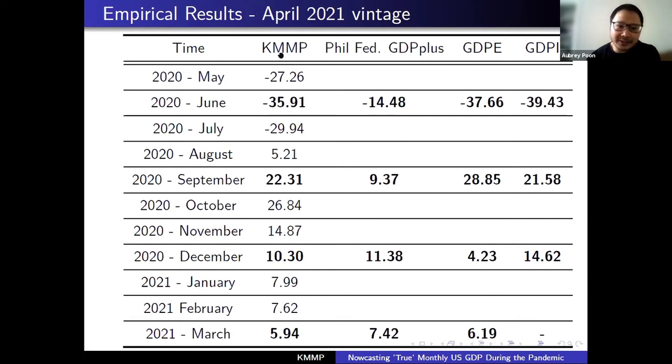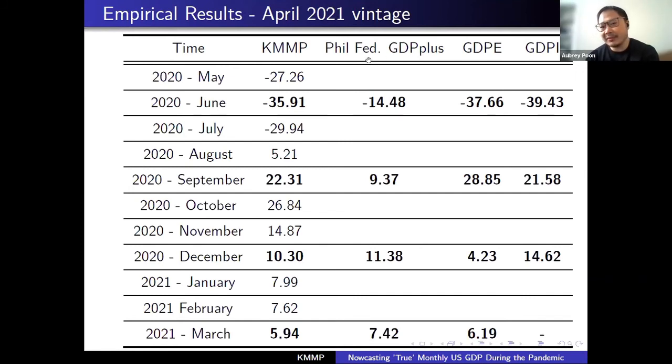This column here is our KMMP model, where we have the mixed frequency model with the ADNS, so we can produce monthly true GDP estimates. The Philadelphia Fed also have a true GDP estimate, which is called GDP plus.